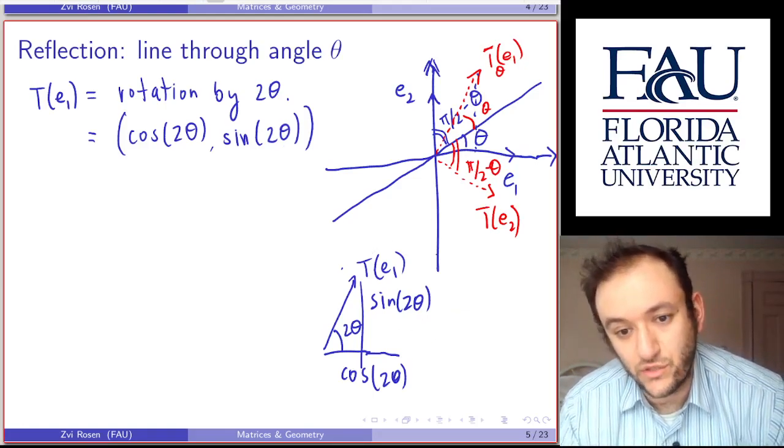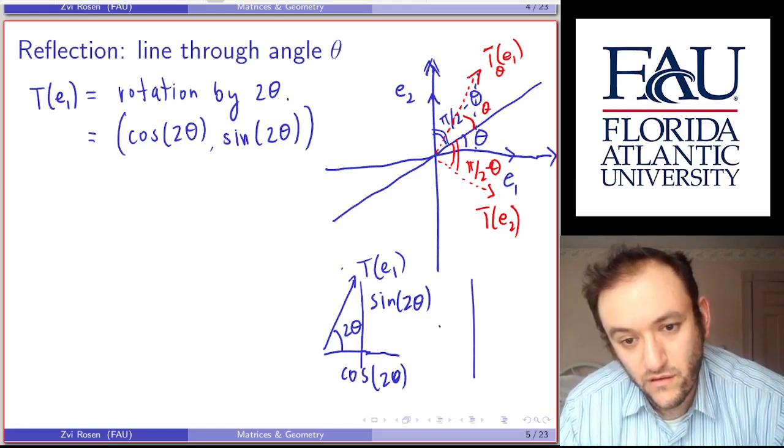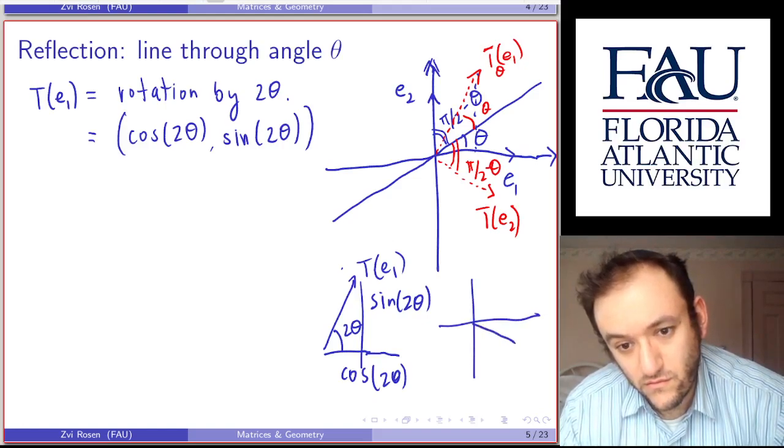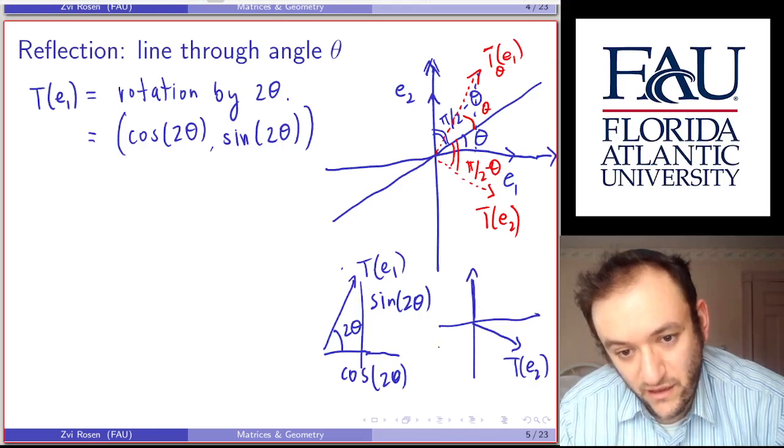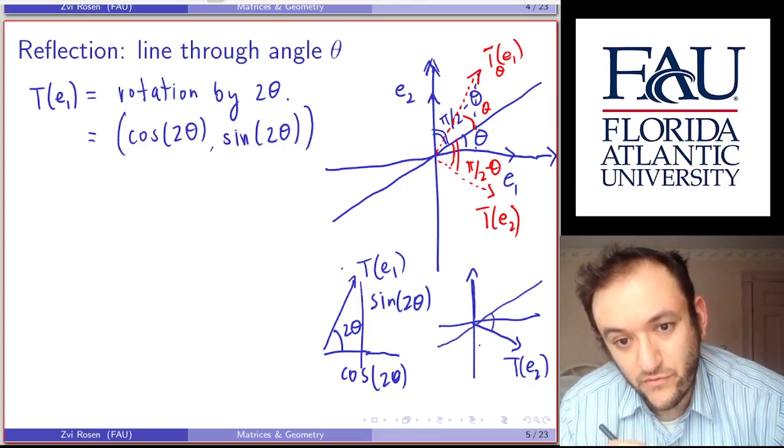Okay. How about the other vector, T of E2? So this is going to be T of E2. And we know that the angle from this line is pi over 2 minus theta.